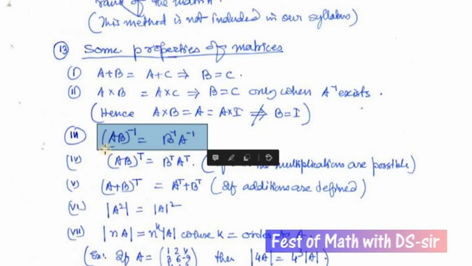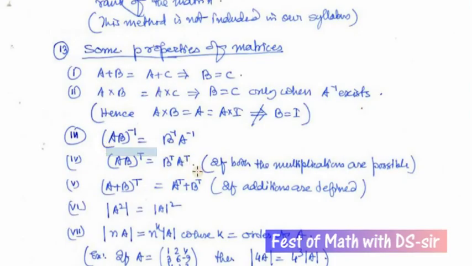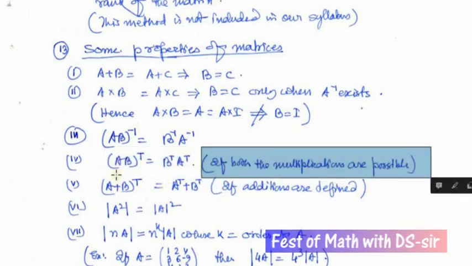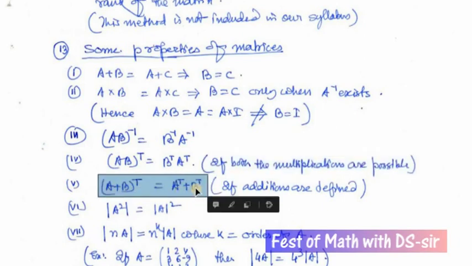Now see, AB transpose is equal to B transpose into A transpose. The order is changed, B into A, when both the multiplications are possible. But when A plus B transpose, then it is A transpose plus B transpose. Likewise, A plus B inverse is A inverse plus B inverse.